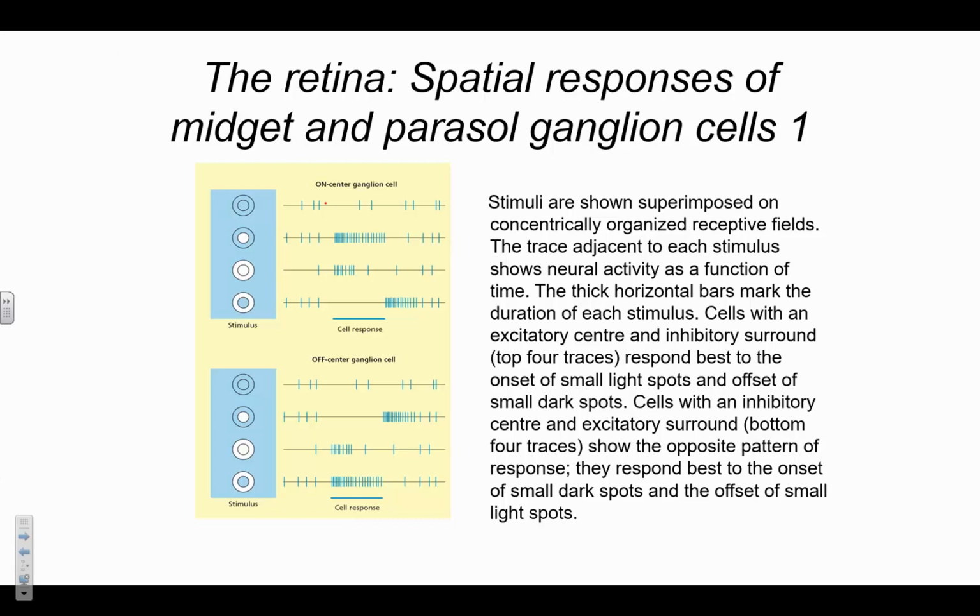So here is an on-center ganglion cell. The center is located in this area right here. And then we have one other area. We gave it a really difficult name: we called it the surround. If you've got the center, then you've got what's around that, which is the surround. That's this sort of ring.